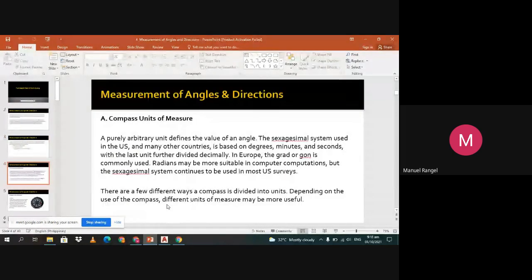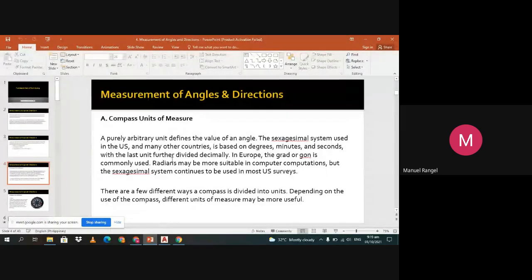So the units of measure used in compass or in surveys, also we have purely arbitrary units defined values of an angle. So the sexagesimal system used in the US and many other countries is based on degrees, minutes, and seconds. So this is what is used here in the Philippines. So with the last unit further divided decimally.